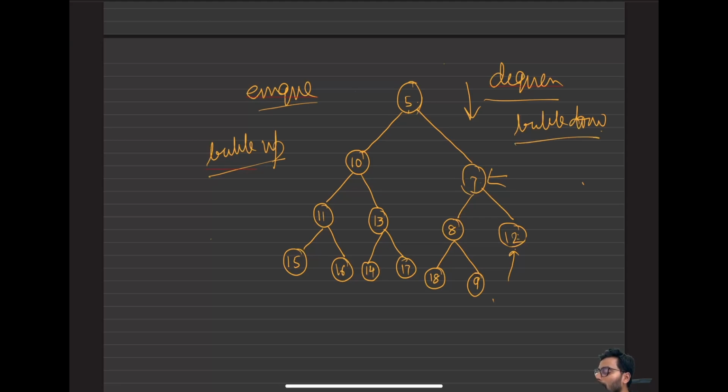And this operation some people call heapify down, or some people call bubble down, right? So in Dequeue we come down, and in Enqueue we go up from the leaf to the root. And in Dequeue we go the opposite way, from the root to the leaf node, and we try to maintain the heap property at each of the parts.